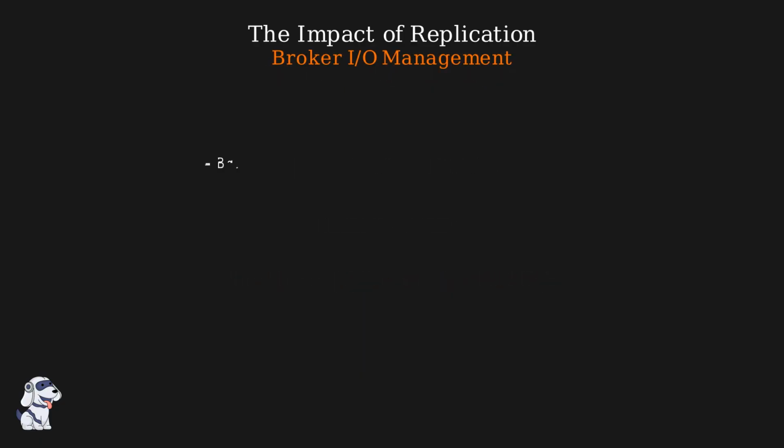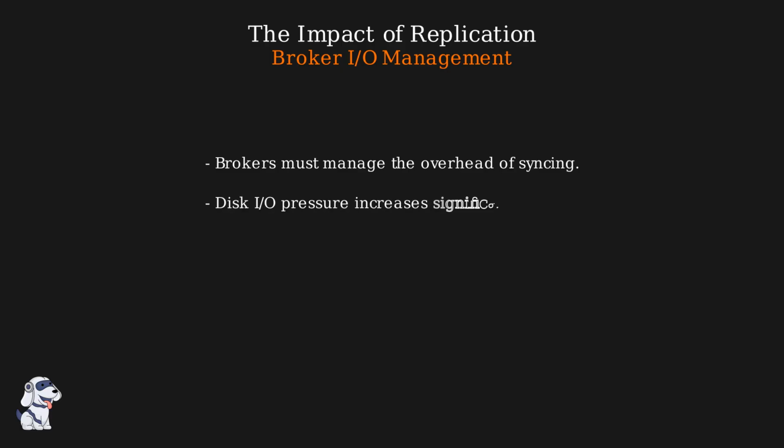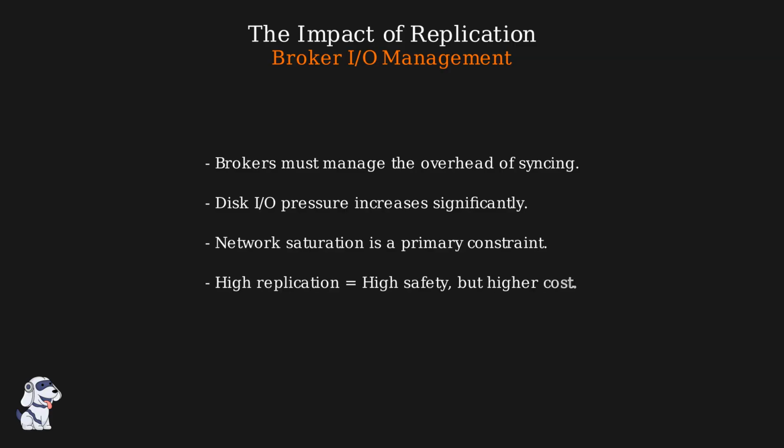This is vital because brokers are now burdened with significant extra I/O. They must manage the overhead of synchronizing follower logs, creating increased pressure on both disk and network bandwidth. Higher replication ensures high safety, but it comes with a proportional increase in infrastructure requirements.